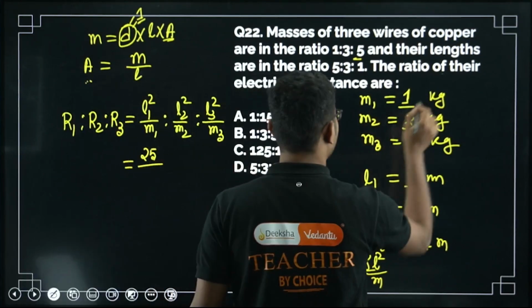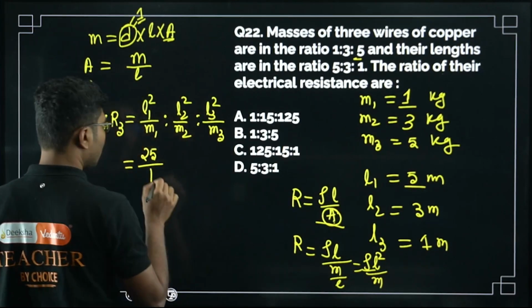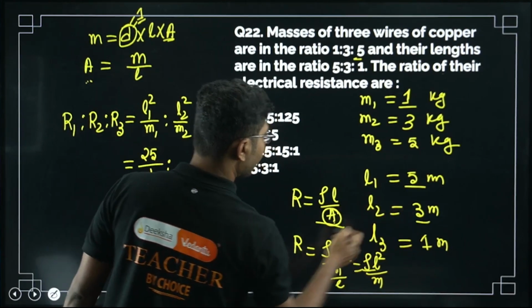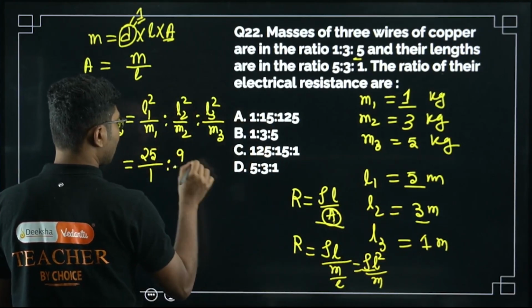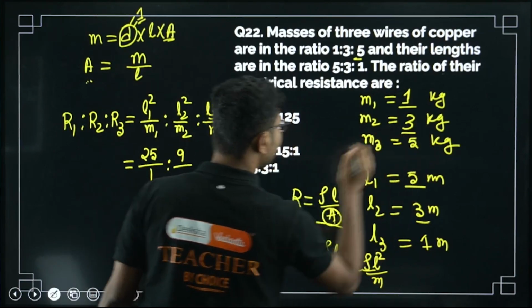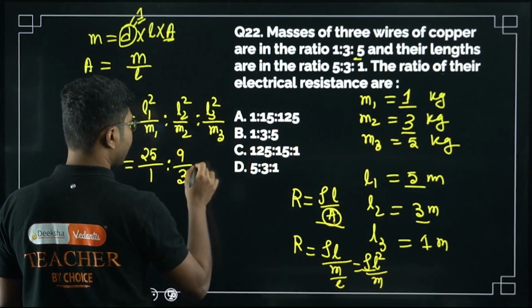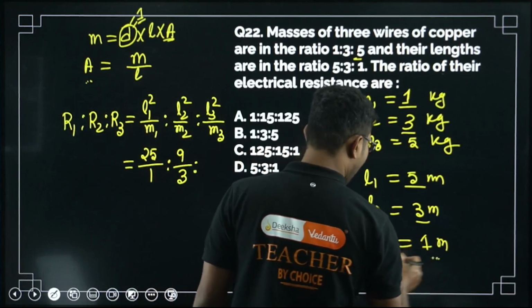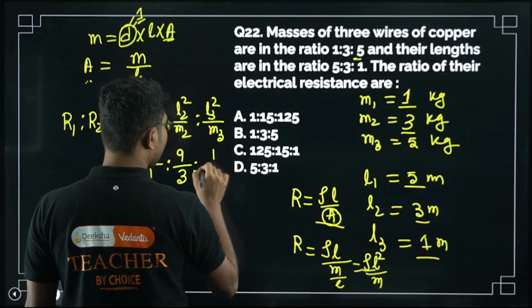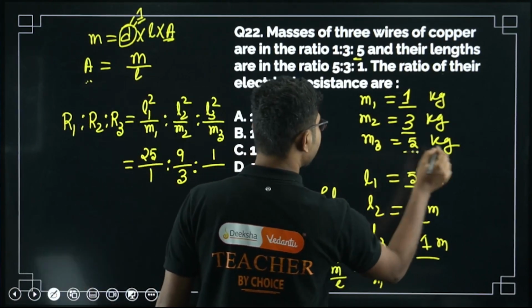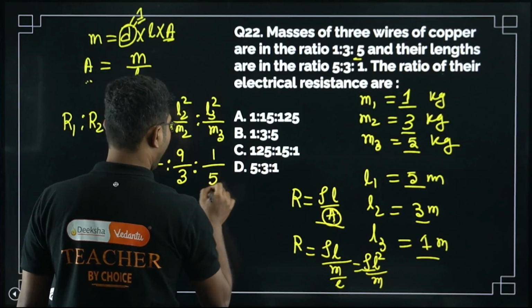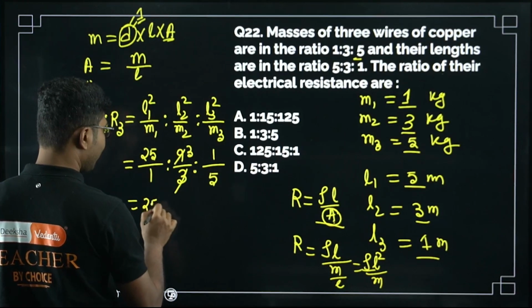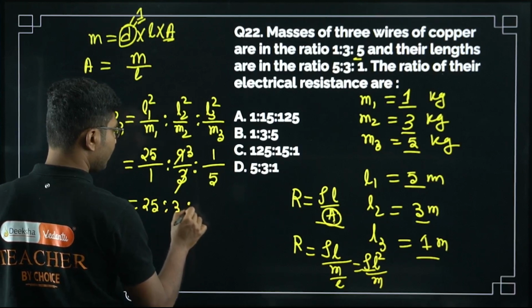M1 is only 1, so 25 is to... What is L2? L2 is 3, so L2 square is 9. What is M2? M2 is 3. So it will be simply 3 is to... What is L3? L3 is 1, so 1 square is 1. What is M3? M3 is 5. So you get 25 is to 3 is to 1 by 5.